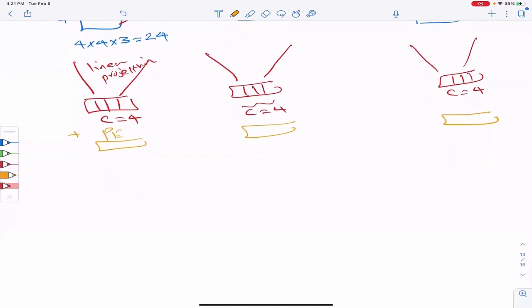But what about the next layer? After adding the positional embeddings, we have this cross attention layer.